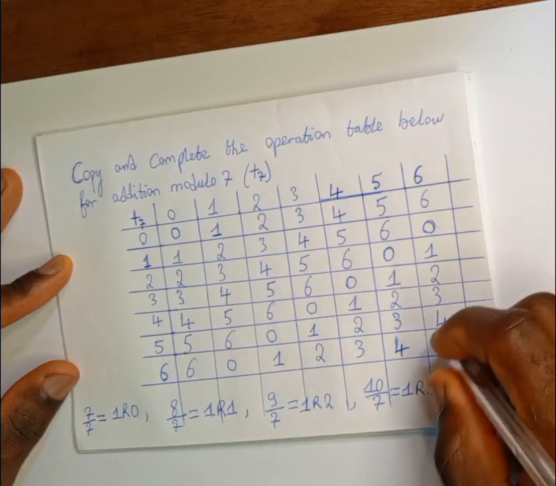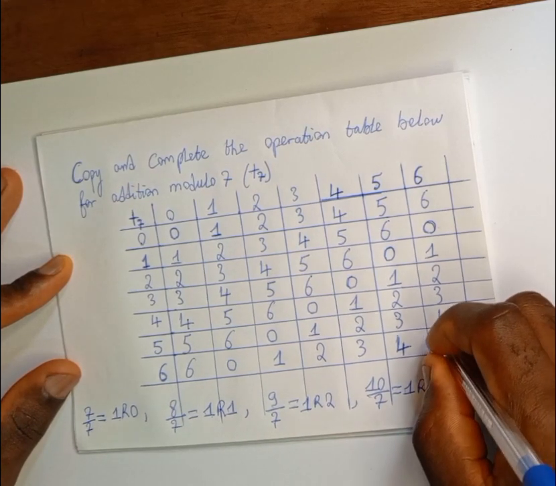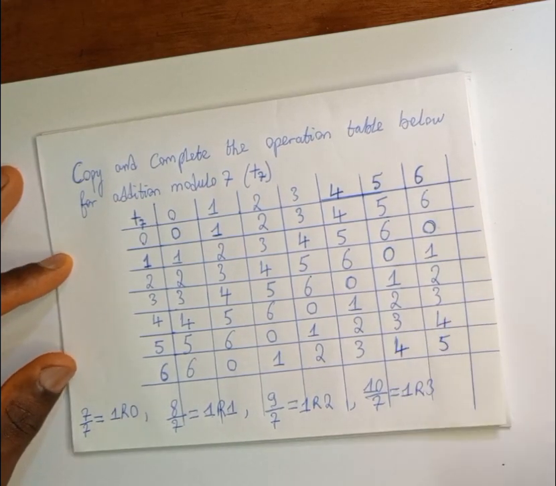We are going to write down the remainder 5 here, and we discard the whole number part 1.